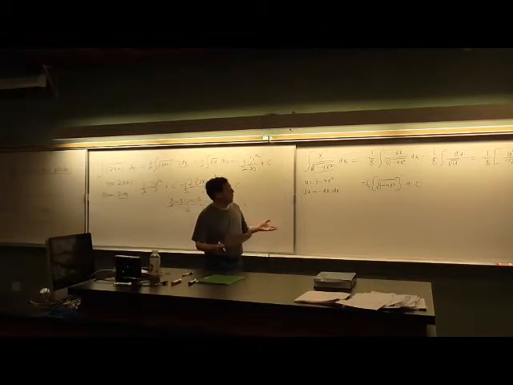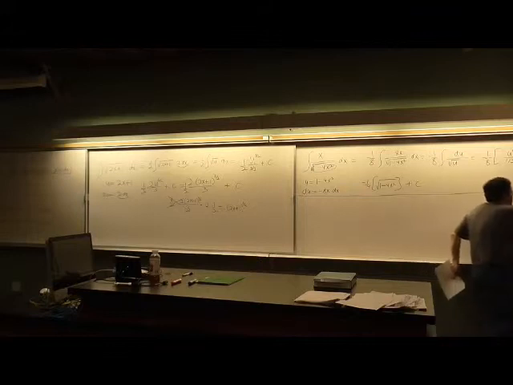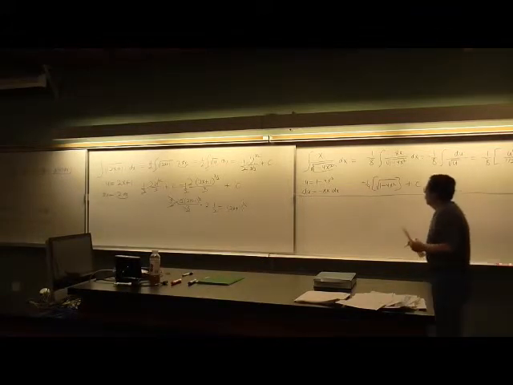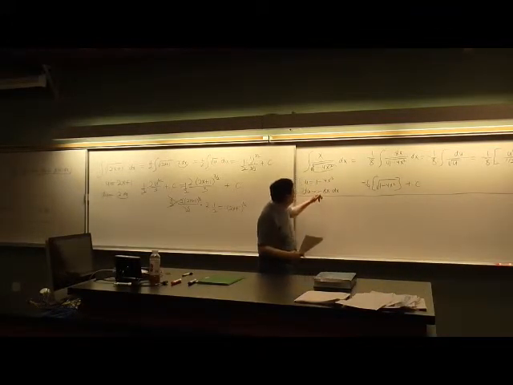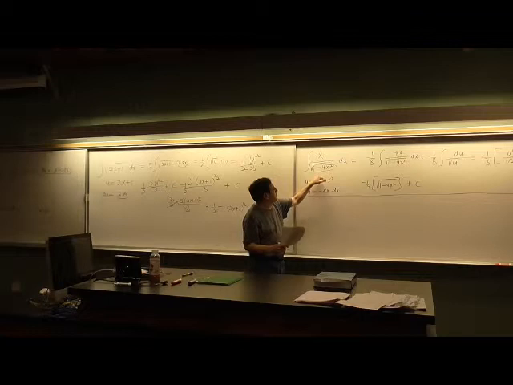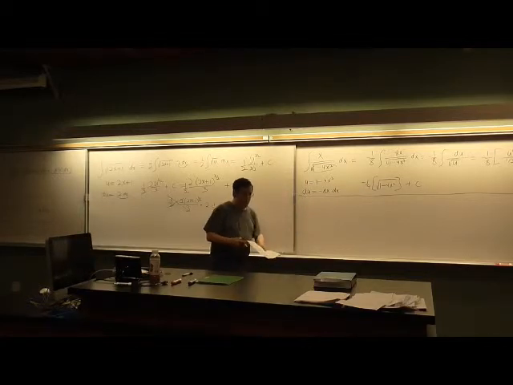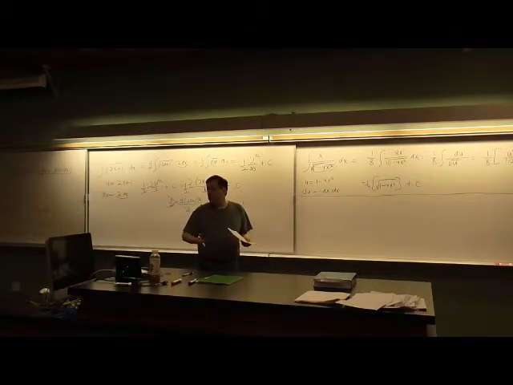This is one way to do this problem. Turns out that when you see an expression like this, the square root of 1 minus something times x squared, especially in the denominator, but it could be in the numerator too, you might want to think of your trigonometric identities.